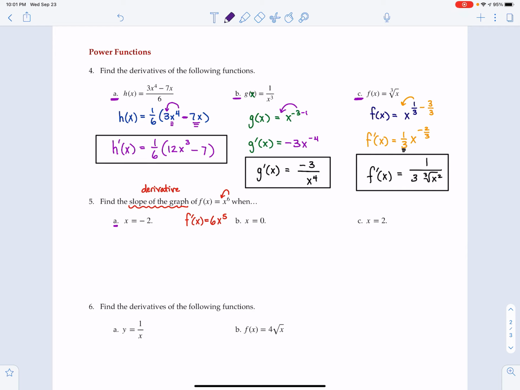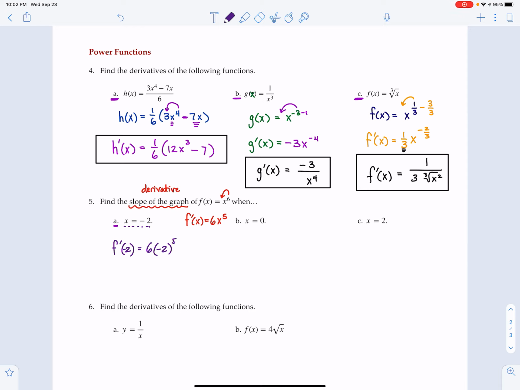So if I want the slope of the graph of f of x equals x to the sixth when x equals -2, that's another long drawn out way to ask for f prime of -2, which means I'm going to use 6x to the fifth, and -2 means I'm going to plug -2 in for x. So 6 times (-2) to the fifth.